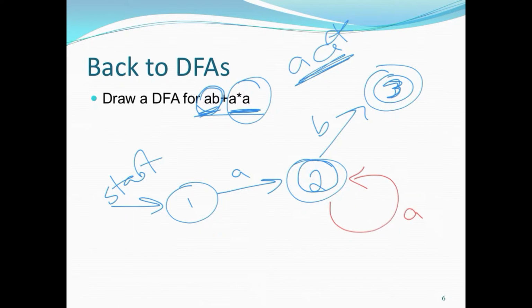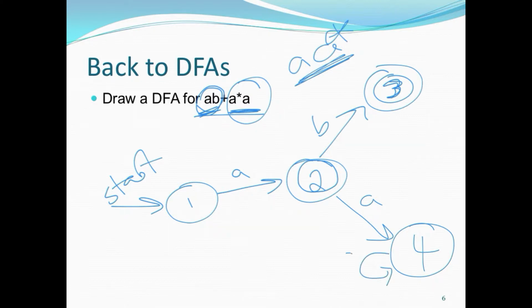So in the case of 2 A's, we need to make a new state like that. And what about if we want 3 A's? At this point, I think we can have a loop on that state 4, right? Oh, and state 4, of course, has to be an accept state.